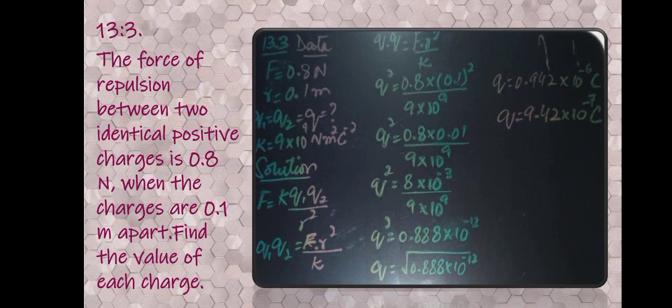Writing the formula first, F equals K Q1 Q2 by R square. As we have to find out the value of the charges, we have to separate Q1 and Q2 first. Take them on one side, Q1 and Q2. Rearrange the remaining terms: F R square divided by K will be there.